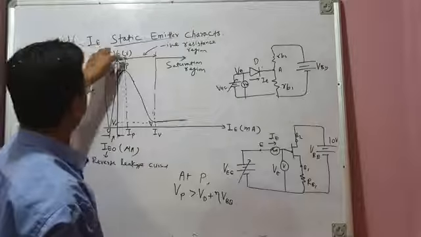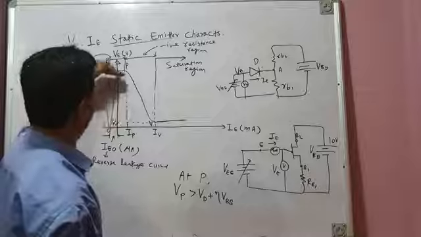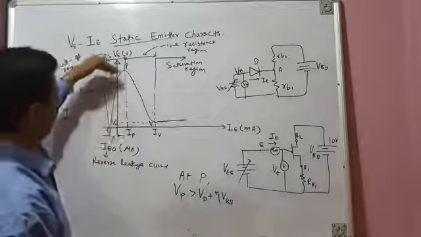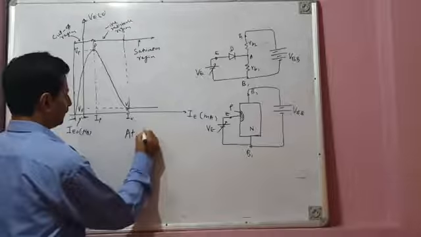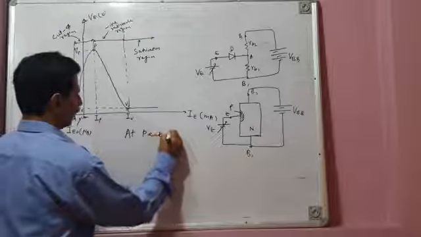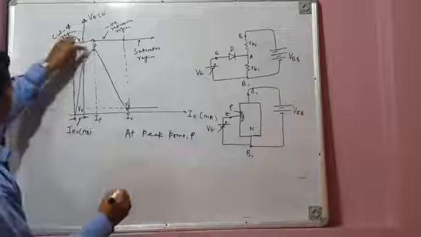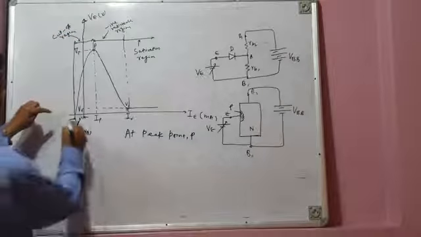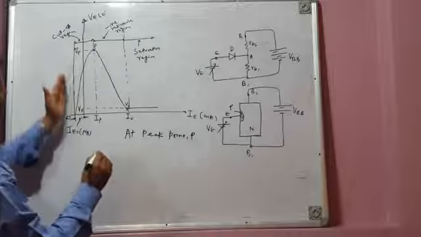At peak point, when you go on increasing the voltage, this is how you increase the voltage. So I will repeat. At peak point P, the applied voltage is Vp. So from 0 to P, we are increasing the applied voltage, but current is very, very small.